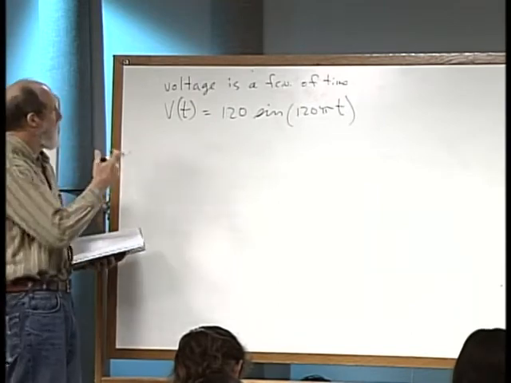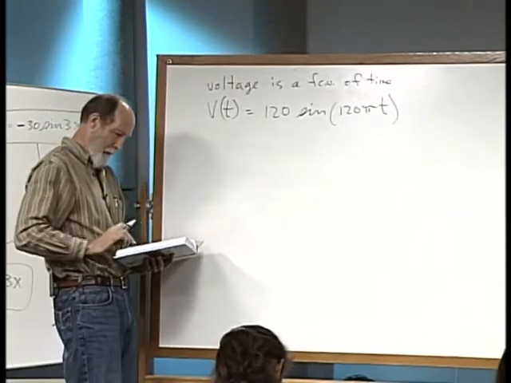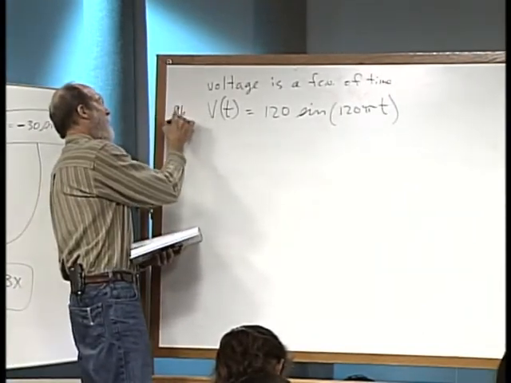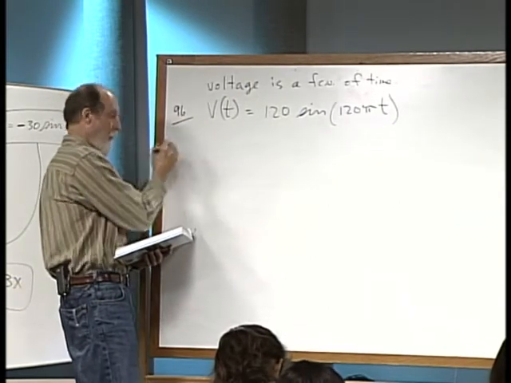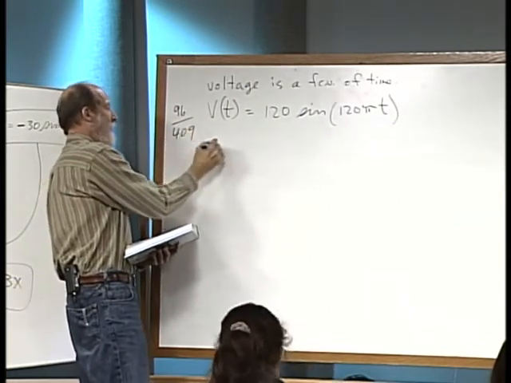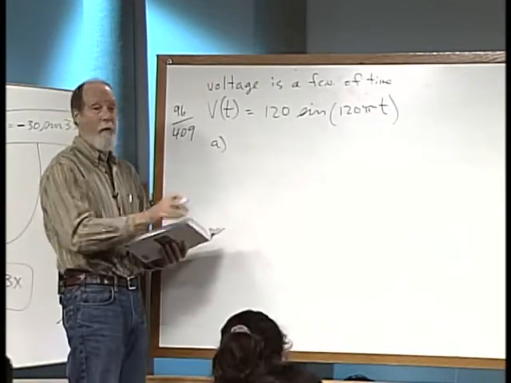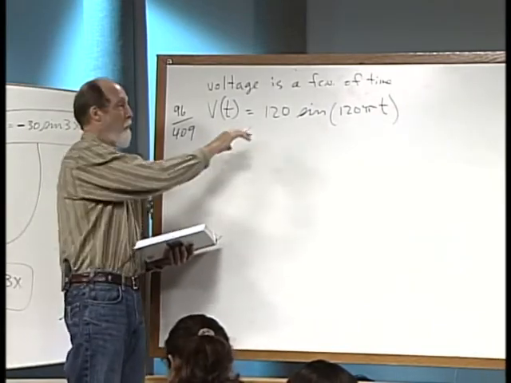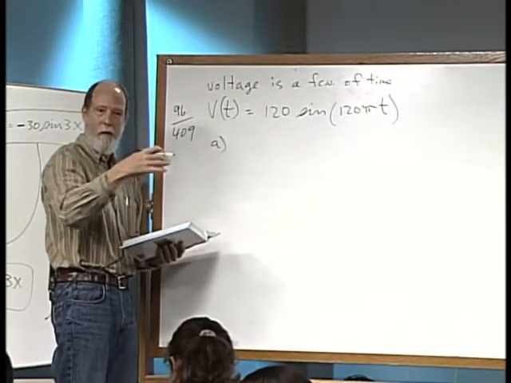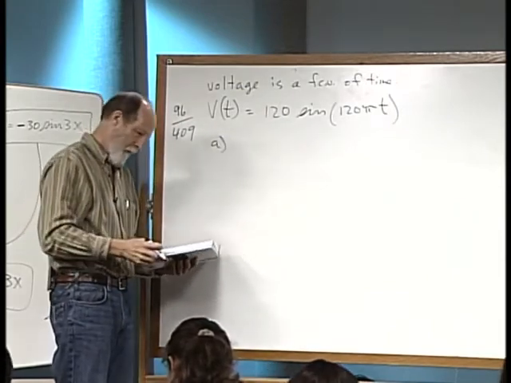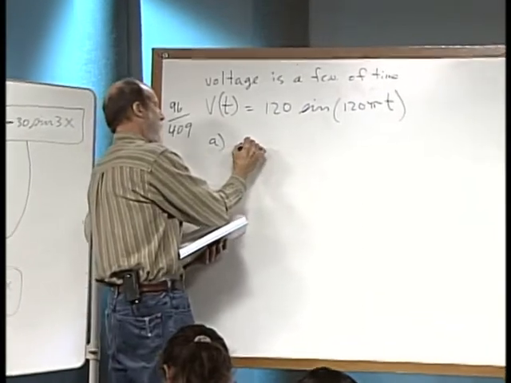The questions being asked in this particular problem out of the text I'm using, if you're using our textbook, it's number 96 on page 409. But here are the kind of questions being asked. It could be in any algebra book or physics book or electrical fundamentals kind of course. What's the amplitude and period?